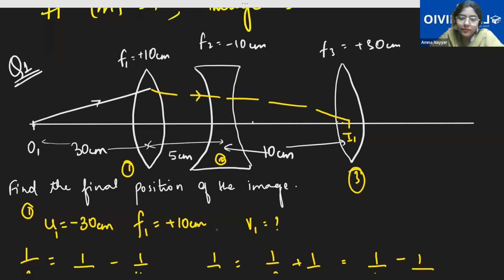What is the object for the concave lens? Yes, Zainab, correct. Image formed by the first lens. I just asked you what is the object for the second lens.